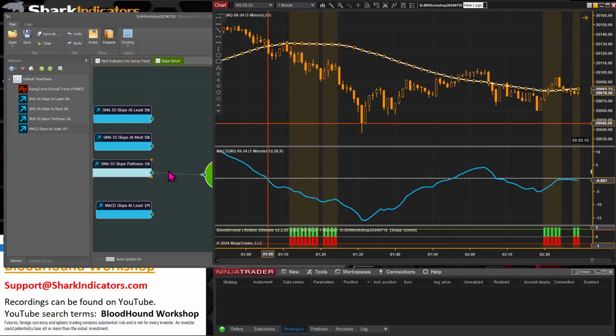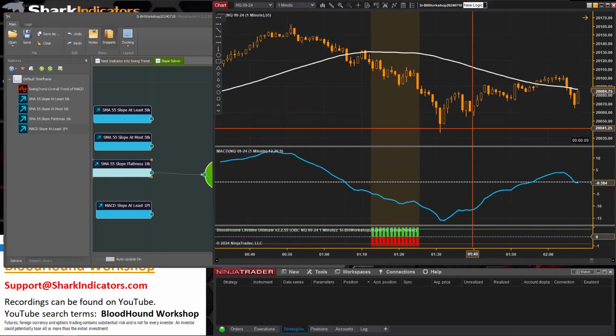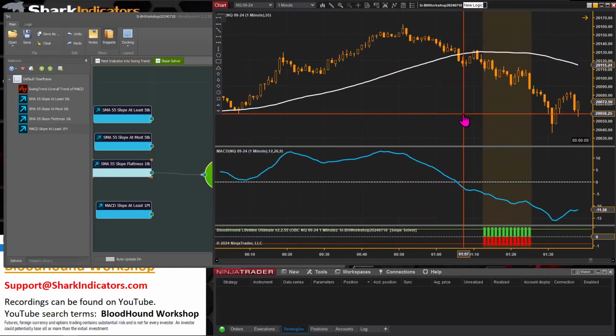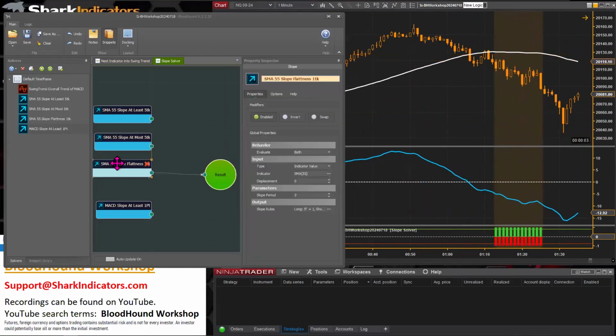So smoothing out something like flatness is probably where you find the most benefit. And there we go, now it filled that in.